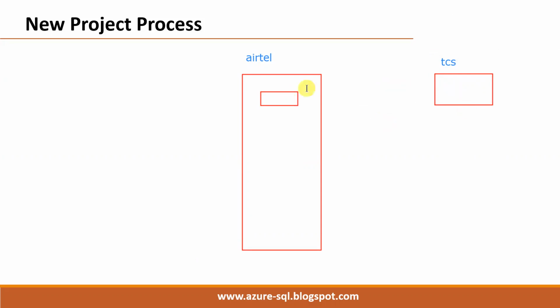Initially, Airtel will make some advertisement. They will do some bidding. Many vendors, many companies will apply, and they will select any one vendor. Let's say our company has decided that we'll go with TCS, because they already have experience developing this type of application.